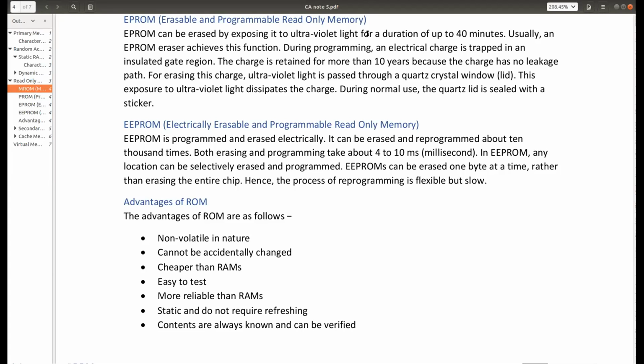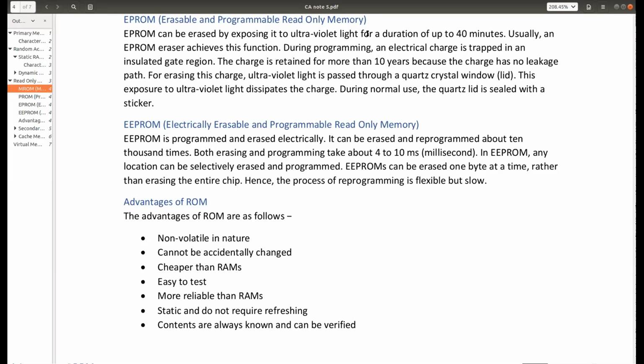That means you can erase the previous content and reprogram it by using electrical charge, which is much easier to do.